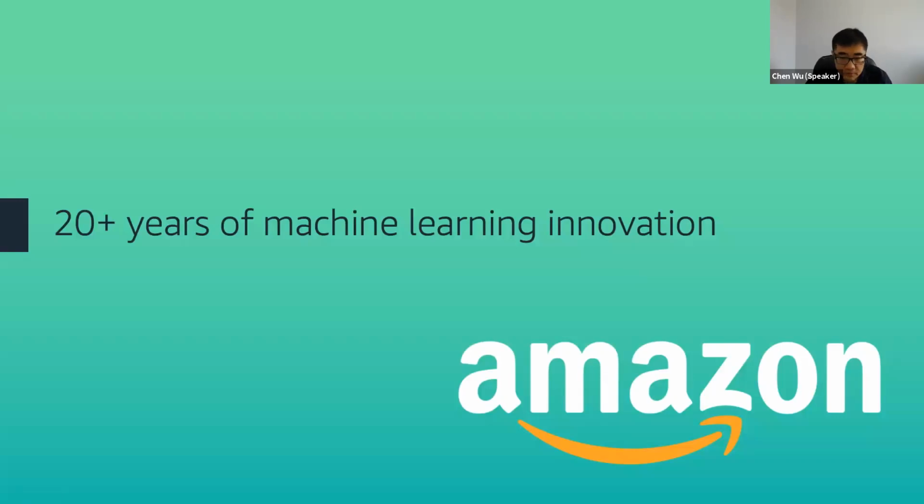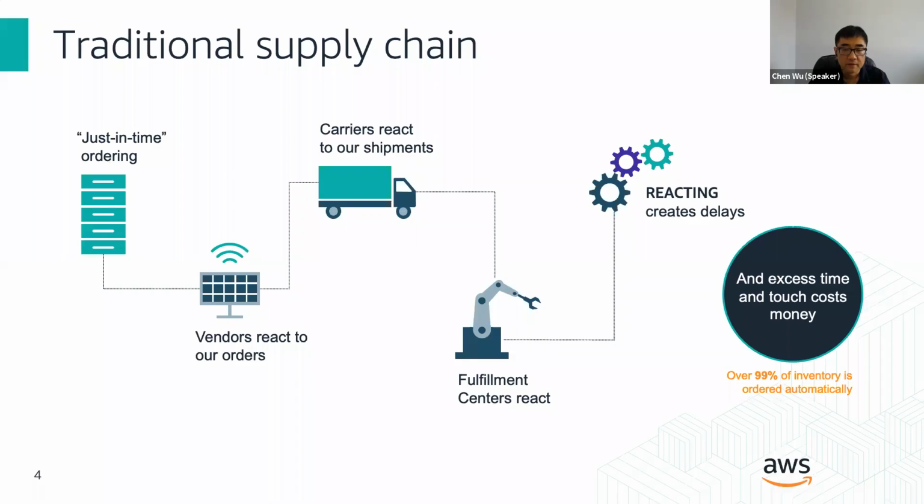Yeah, so as you know, Amazon has been deploying machine learning systems in production for over 20 years now. If you just look at the supply chain, which is probably the most famous part of Amazon.com, in the traditional supply chain, what happens is it's more reactive. When the order comes in, the vendor starts to react to the orders, the carrier starts to react to the shipment requests, and the fulfillment center starts to prepare the fulfillment.